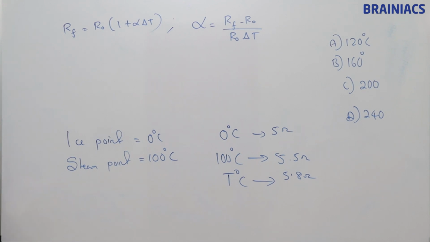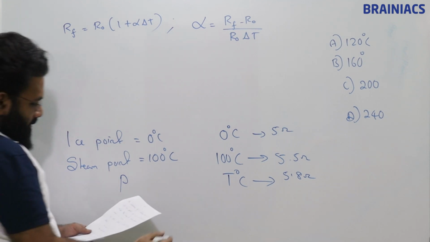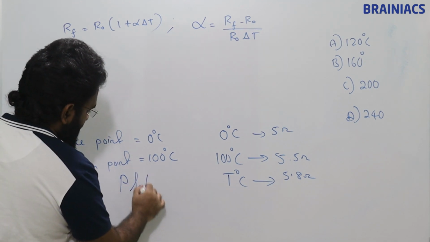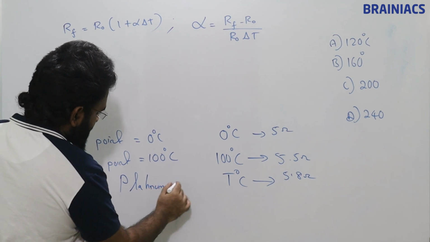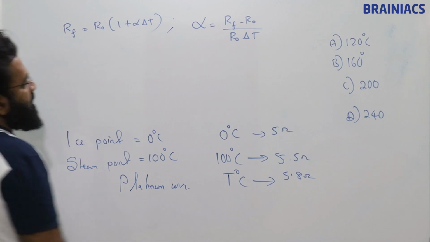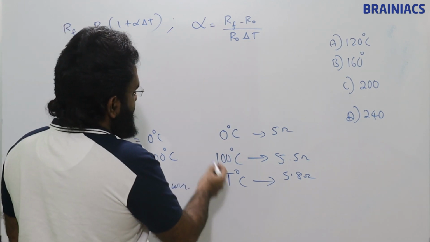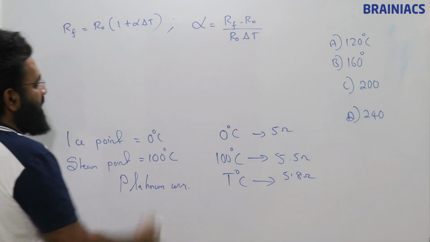So is this the same wire or a different wire? All of these are the same wire, all are platinum, right? Platinum wire. So alpha is going to be constant. So what will we do? We will equate the alpha, and we can find it out.